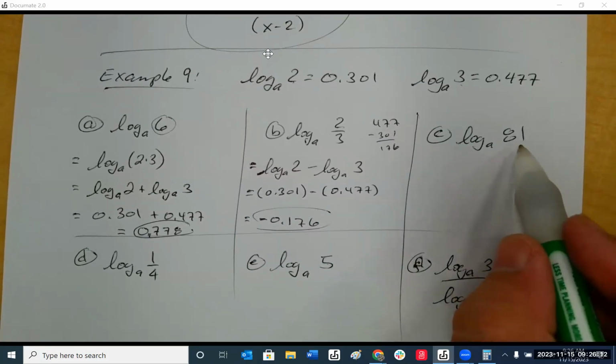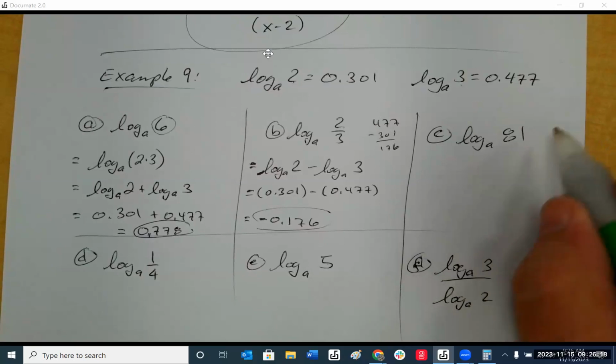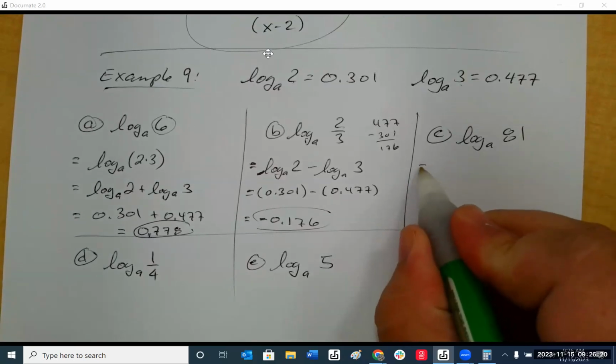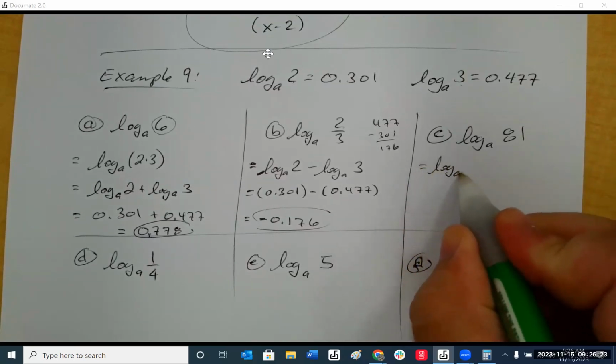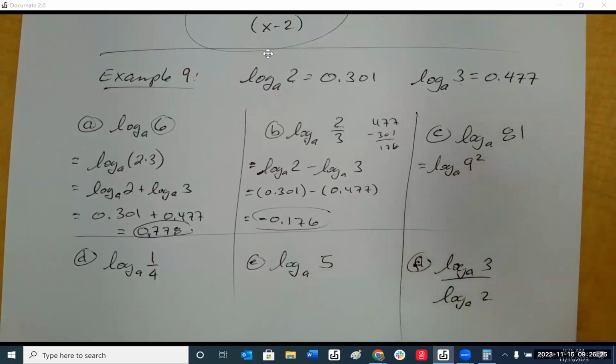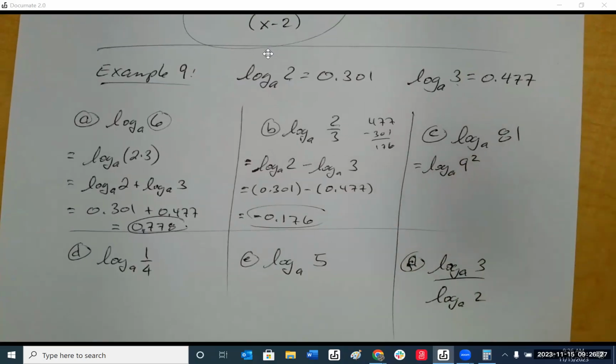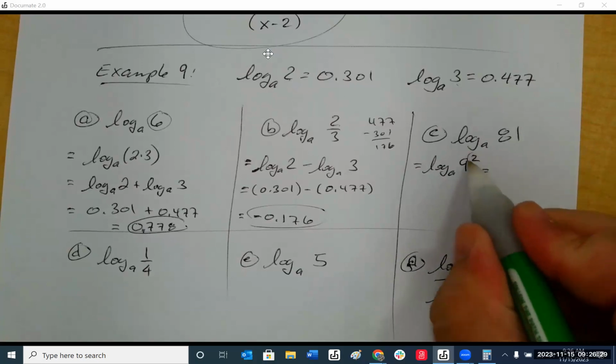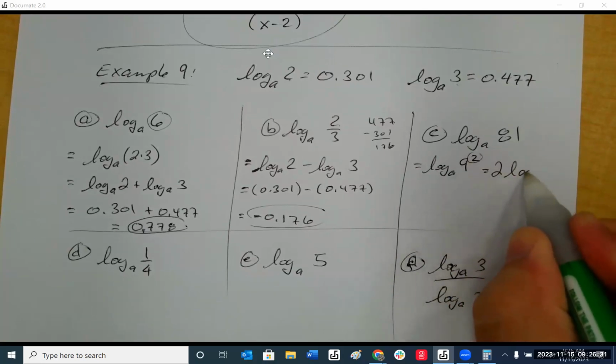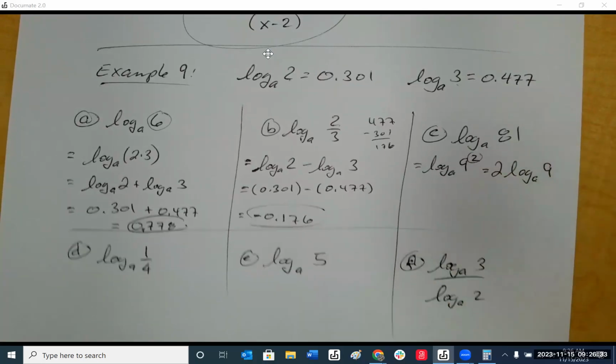How about 81? What is 81 made up of? 9 times 9. Very good. So this could be written as log base a of 9 squared. With an exponent, it's 2 log base a of 9.